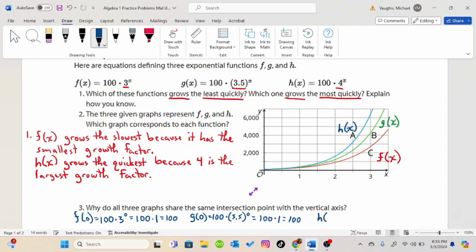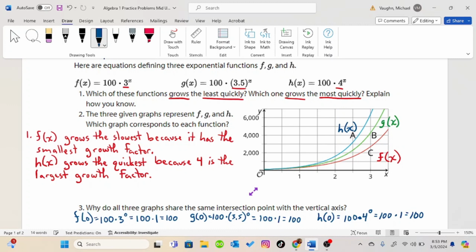And finally, h of 0 equals 100 times 4 to the power of 0. Again, anything to the power of 0 is 1, and anything times 1 is itself.